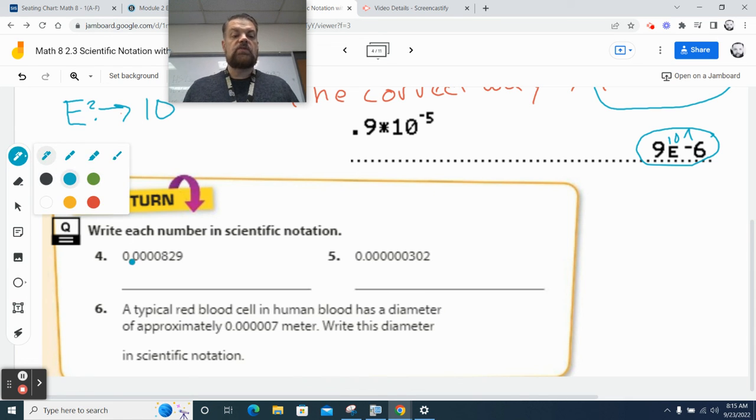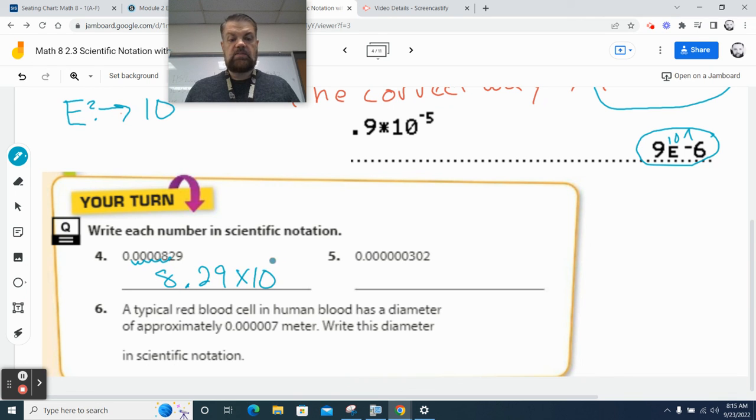Let's see. So if I move this decimal 1, 2, 3, 4, 5, is that 8.29 times 10 to the negative 5? And then for this one, if I go 1, 2, 3, 4, 5, 6, 7, is that 3.02 times 10 to the negative 7? Okay.